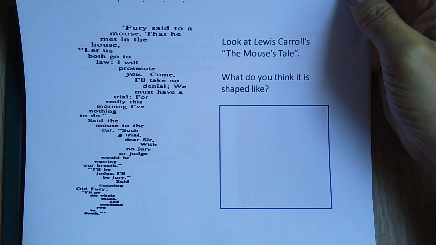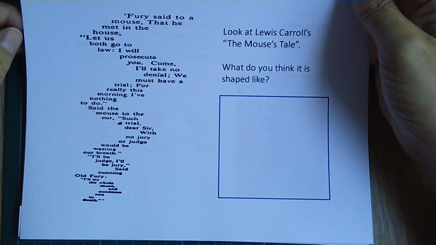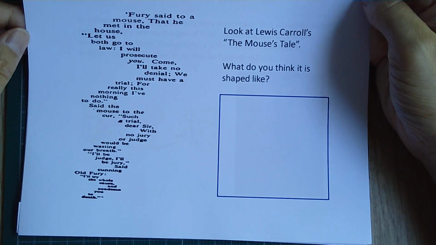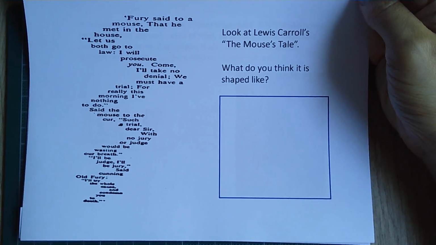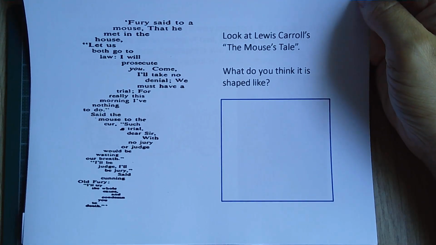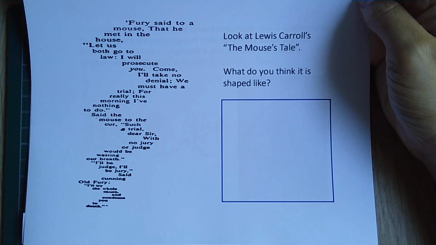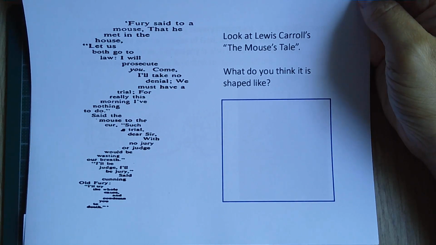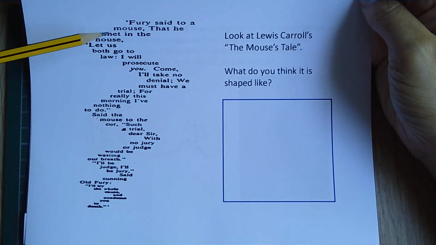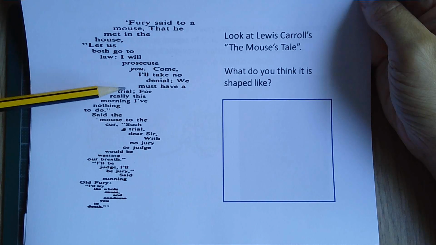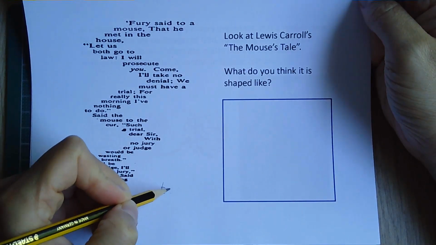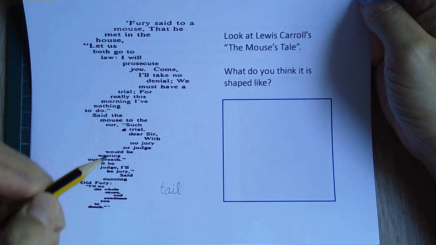Now let's take a look at this one. So this is from Lewis Carroll's The Mouse's Tale. What do you think it's shaped like? Have a think, pause, and then shout out the answer if you think you know. So what do you think it looks like? Yeah, it looks like a tail, doesn't it? So actually it has multiple meanings. This one is shaped like an actual tail. This is the way that we spell tail.